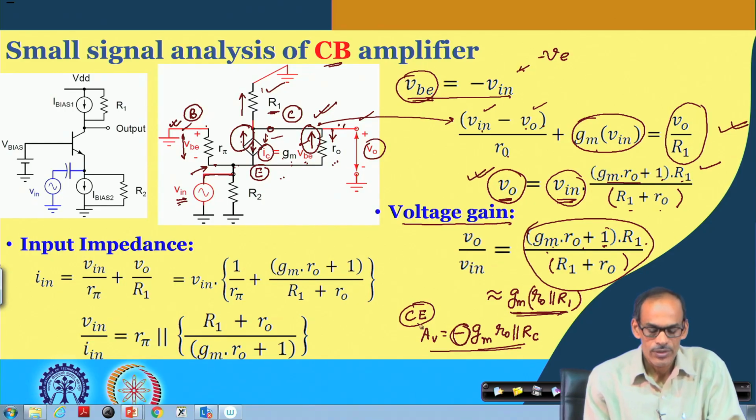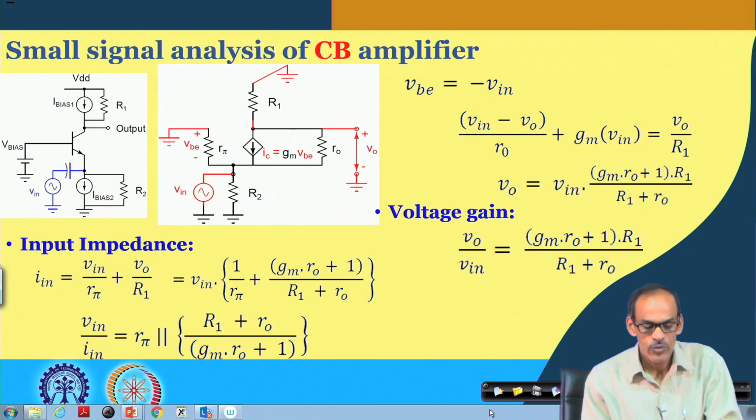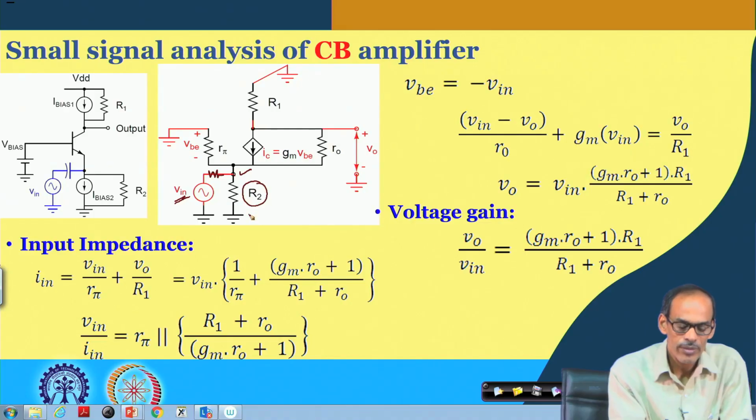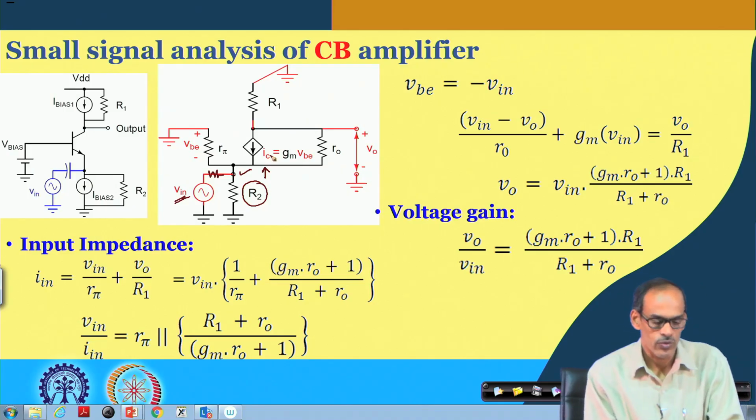So, that is about the voltage gain, but we need to be careful here. Here we have assumed that there is no source resistance, and as a result we are saying that the entire V in is coming here, R 2 is not having any role, and we are really not bothered about the input resistance and so on.